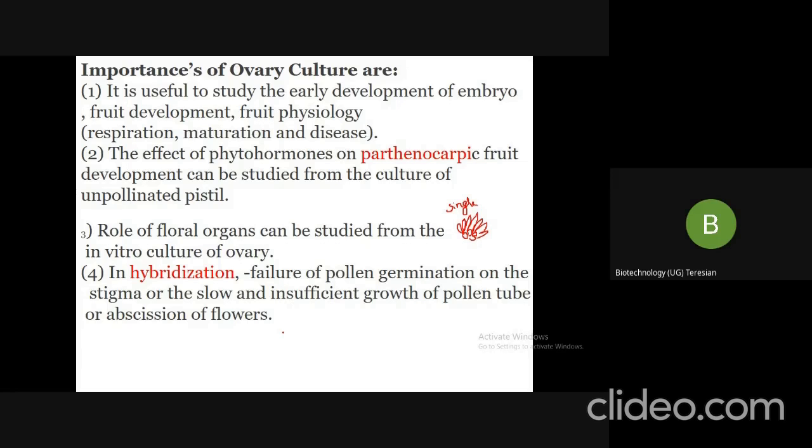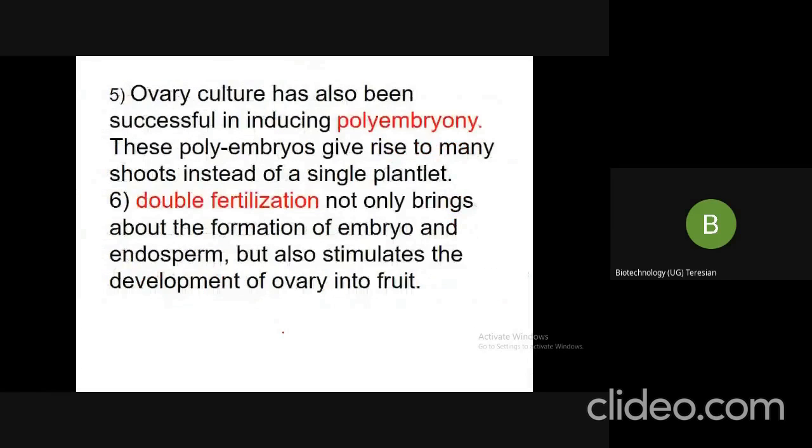So it might be possible, therefore, to produce a hybrid between two species or varieties in vitro that could not be produced under the normal in vivo condition. So these are some of the plus points when we are growing our ovaries. Ovaries are the ones which develop into the fruit in the laboratory condition.